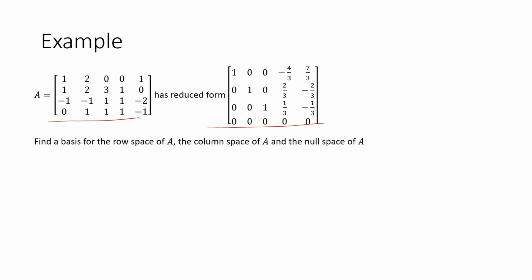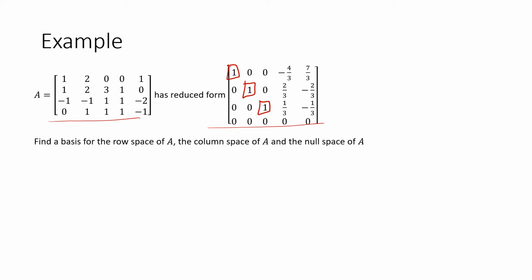So let's start with the row space. What's the row space? To find the row space, you take all of the pivot rows. And you can take them in either your starting matrix or your finishing matrix. So what are your pivot entries? Your pivot entries are those three.